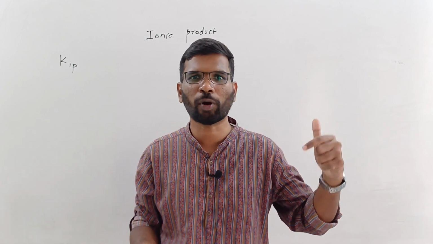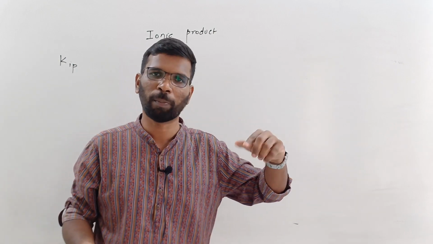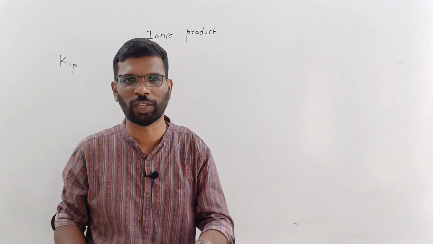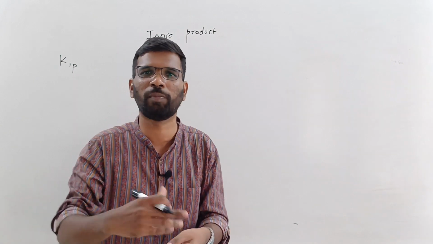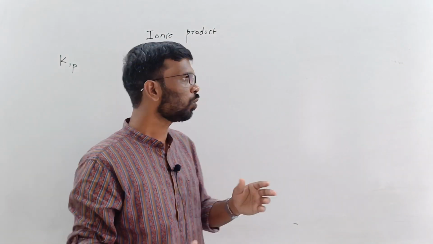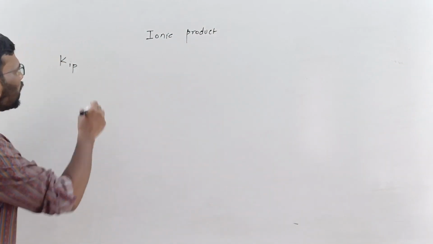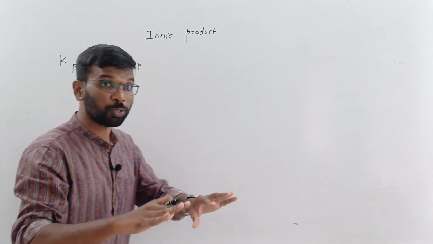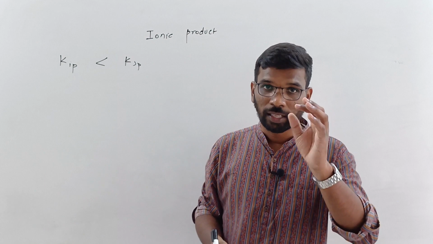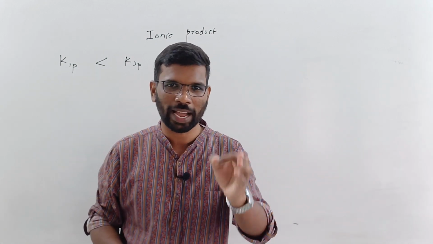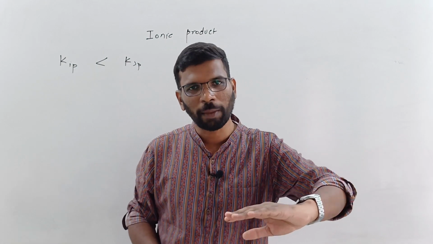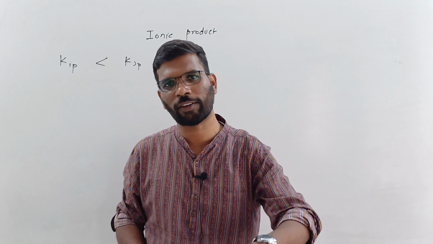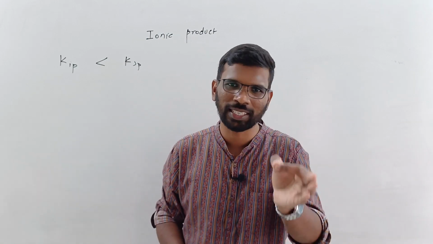Here the ionic product may be before the equilibrium or after the equilibrium. After the equilibrium means when you disturb the equilibrium. So the difference between the solubility product and the ionic product: the ionic product may be before or after equilibrium, and KSP is at equilibrium.